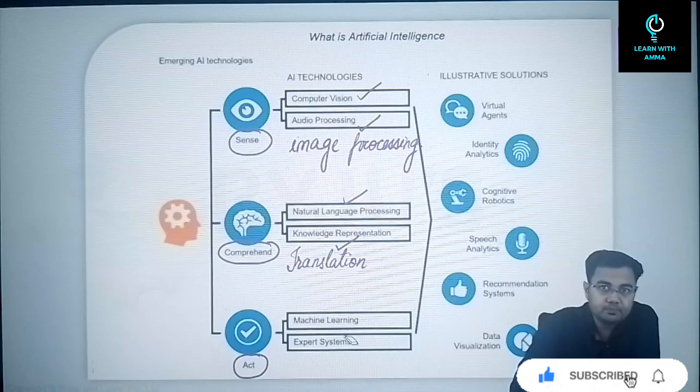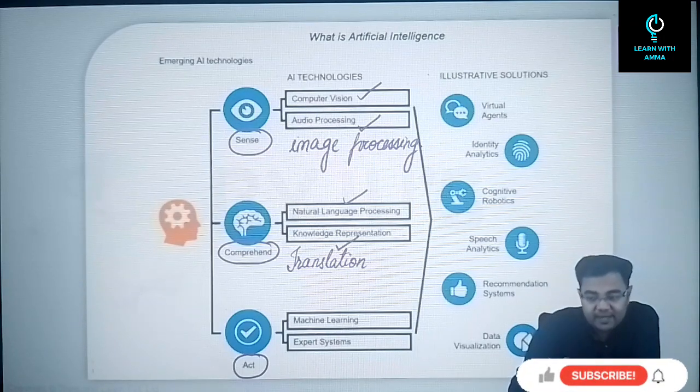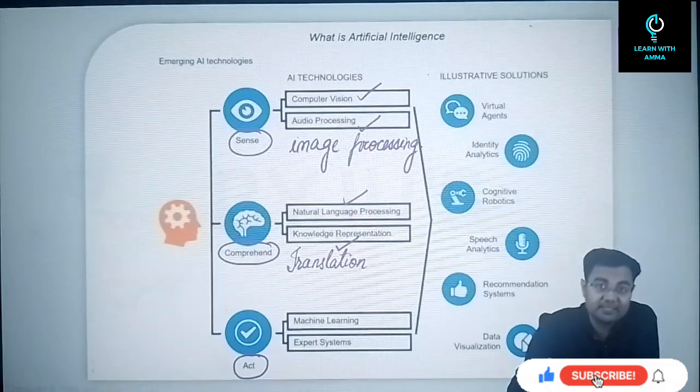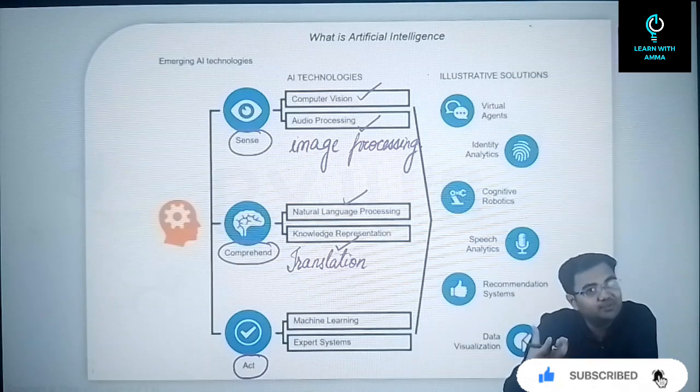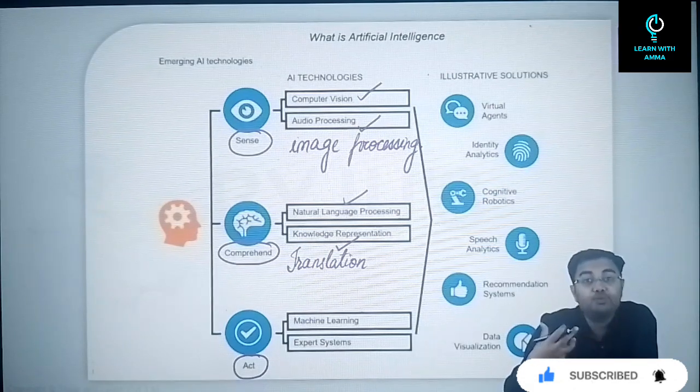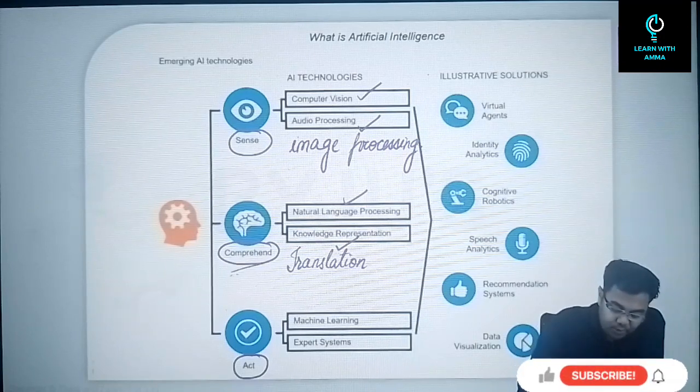So what it means is that over a period of time, this Google Translate software has learned certain things, has started to understand how translation works, and what is the correct way to translate something, right? So in a manner we can say that this is also artificial intelligence, because it is trying to process the language. It is a kind of language processing that is happening, and it is trying to comprehend the language and then act.